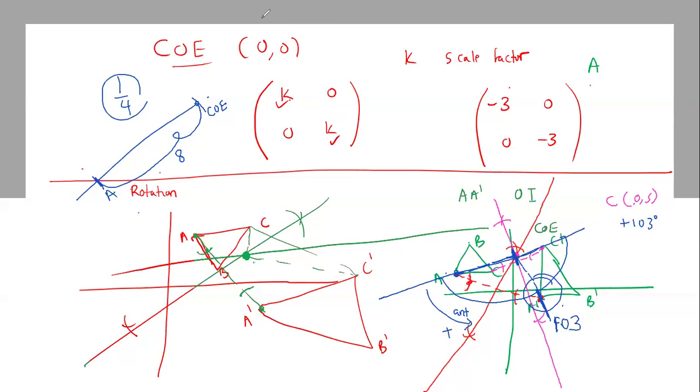Okay. Master, yes, please. Another thing now, what if they haven't given you the center of enlargement? And now when you have the 3 points, can you use the 3 points to find the center of enlargement? Okay.